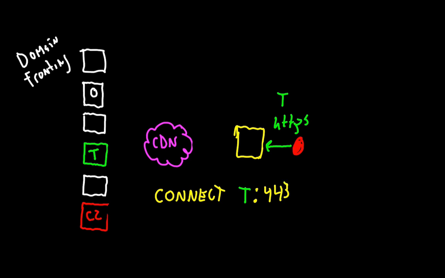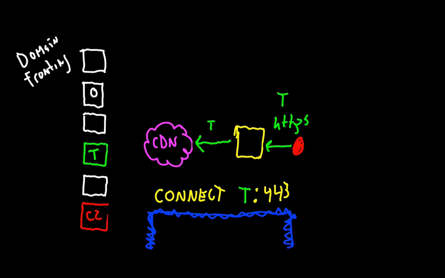And when that's done, what the proxy server will do is it will initiate its own connection to highly trustworthy and repeatable domain T, and it will act as a relay. It will basically make a request, it will connect to that, and it will just forward any traffic it receives from us and any responses it receives from the CDN.